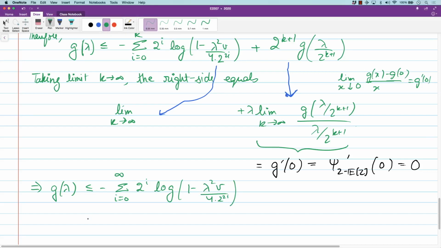So we can express this sum here as minus summation i equal to 0 to infinity.